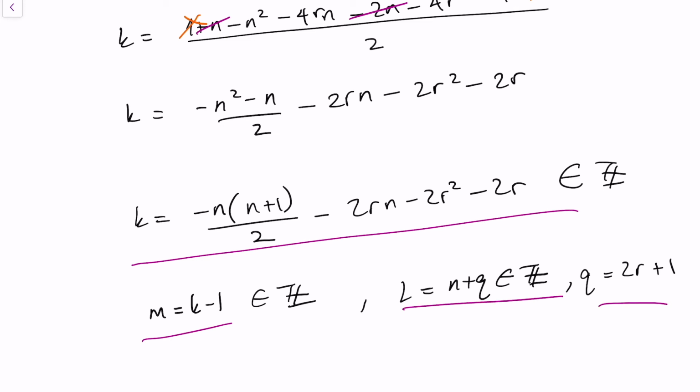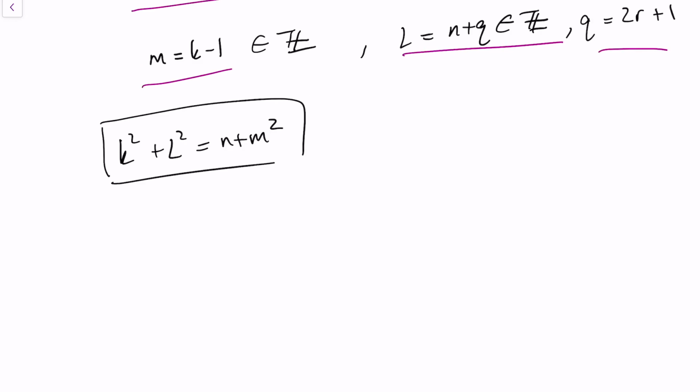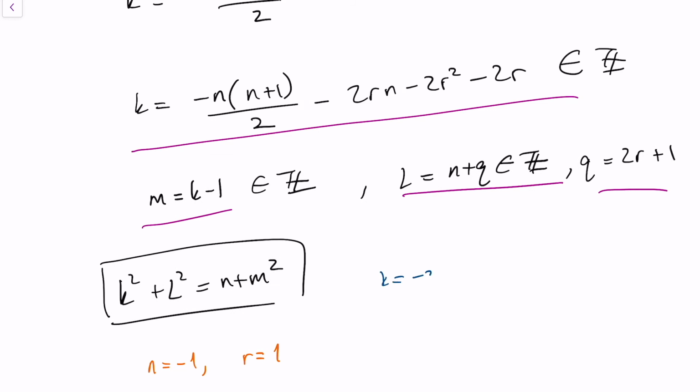And the equation given was k squared plus l squared is equal to n plus m squared. So let's choose some random values to see that this relation indeed holds. Let n be -1 and r be 1. k is equal to minus n squared plus n over 2 minus 2rn minus 2r squared minus 2r, which gives us -2, just plugging these values into that.